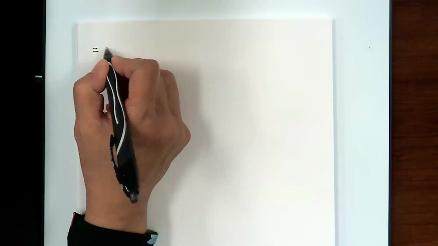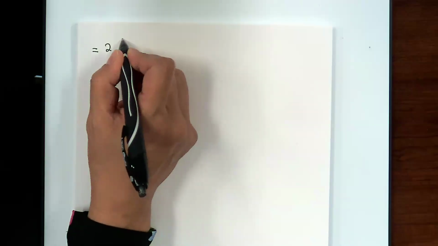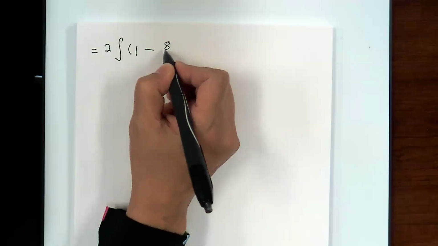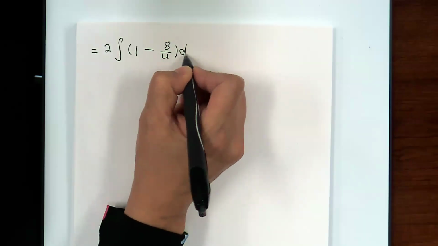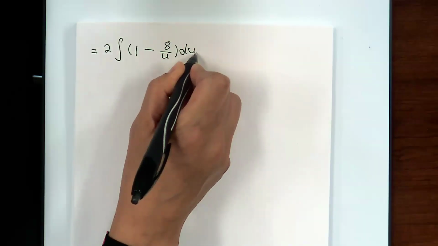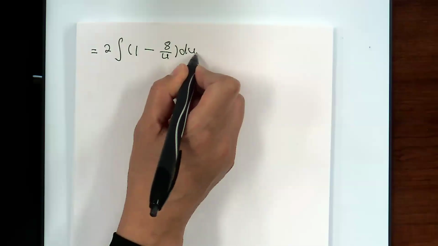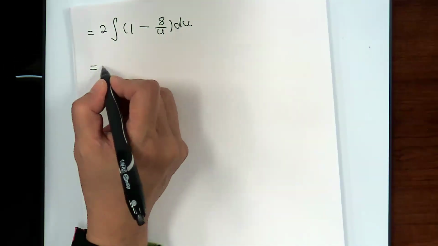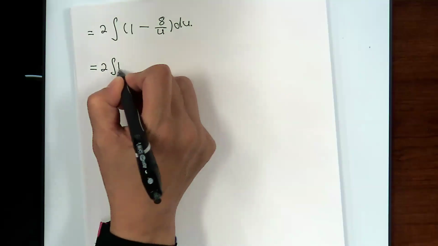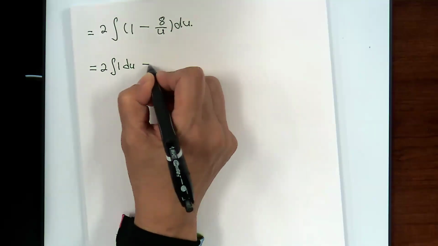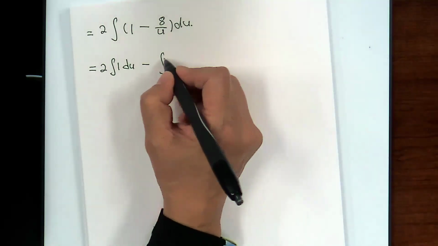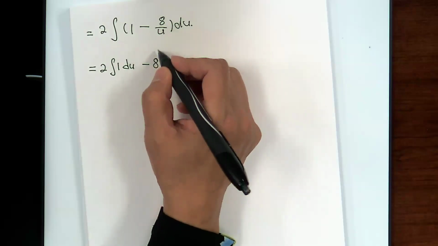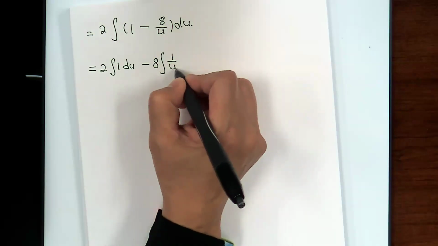Let's expand that out. Then that is 2 times the integral of 1 minus 8 over u du. Then that is 2 times the integral of 1 du minus 8 times the integral of 1 over u du.